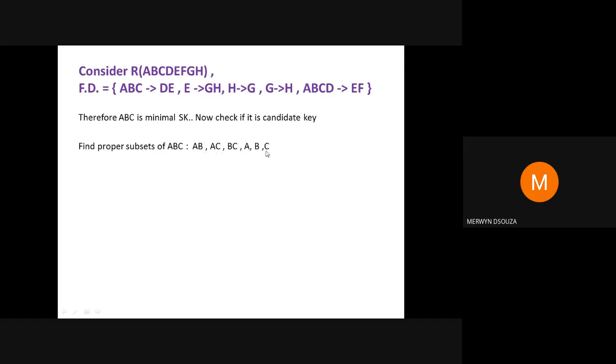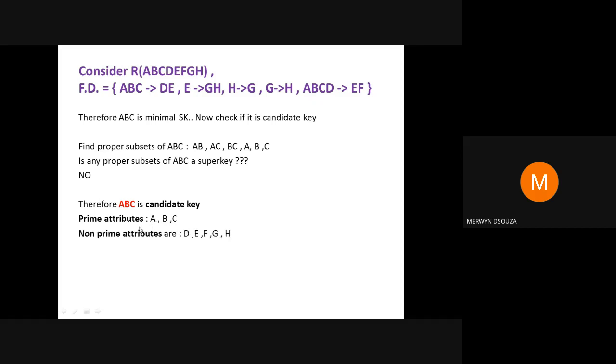Find out whether they are super keys. I will not check for that, you can check. No proper subset of this will be a super key, so you can conclude that ABC is the candidate key. Therefore the prime attributes are A, B and C, and obviously the non-prime attributes will be D, E, F, G, H.